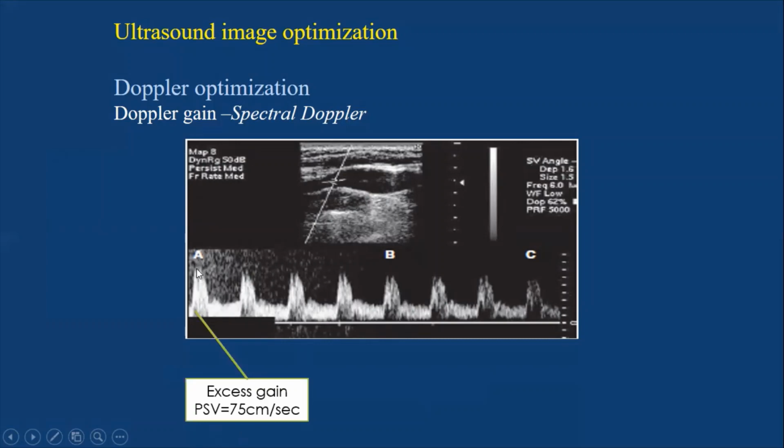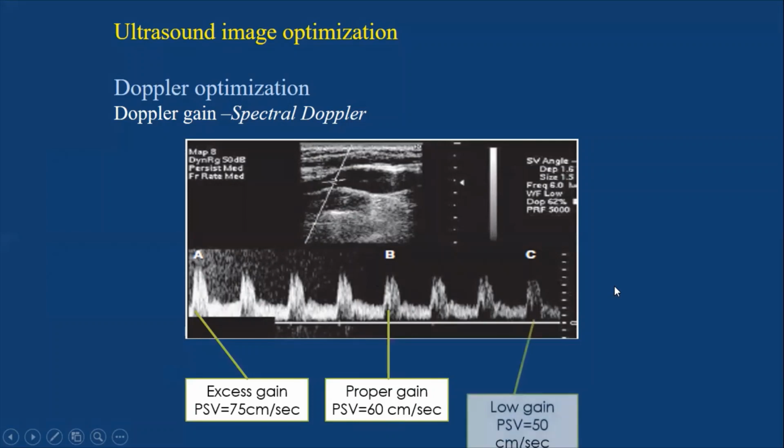It was measured here as 75 centimeters per second. And when we go to the proper gain, we will see that it was about 60 centimeters per second. And when we lower the gain more and more, it will show a low PSV, which is also not a correct or proper gain setting.